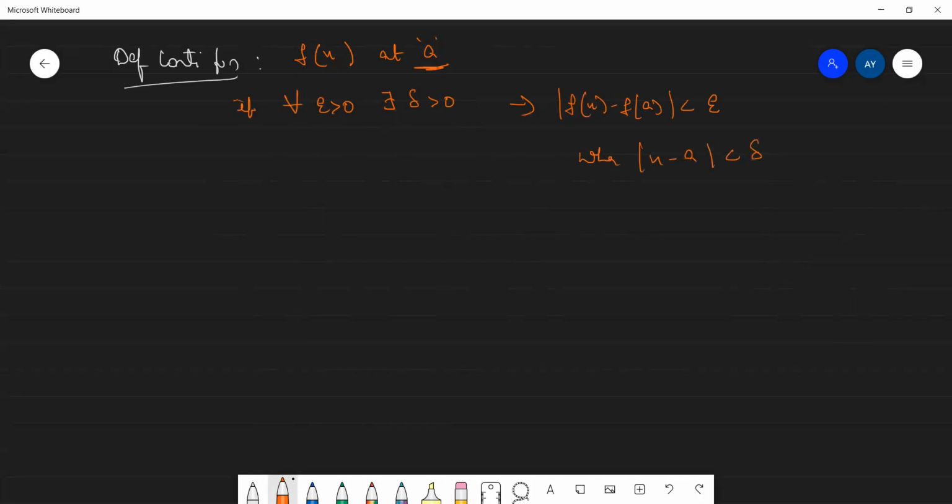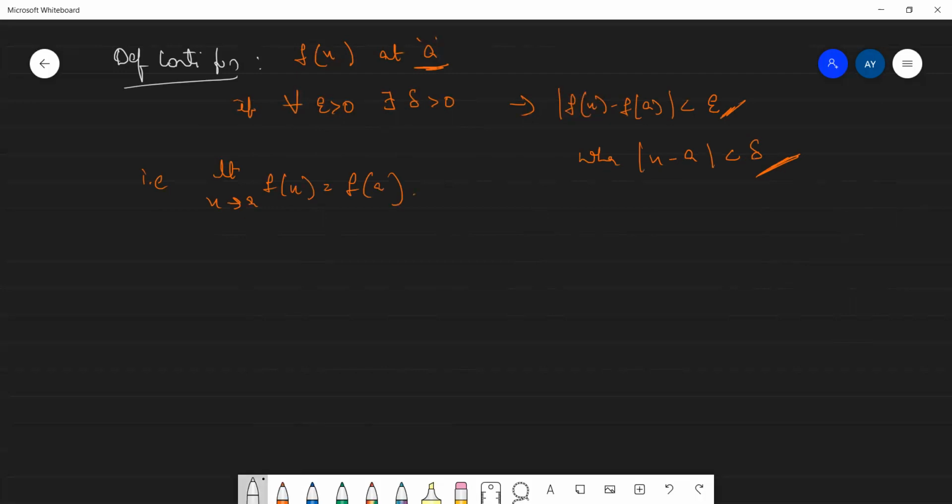So for every domain point, there will be some image which is strictly less than epsilon. We have to keep this in mind. This can be symbolically written as limit x tends to a, f of x equals f of a. Am I clear till here?